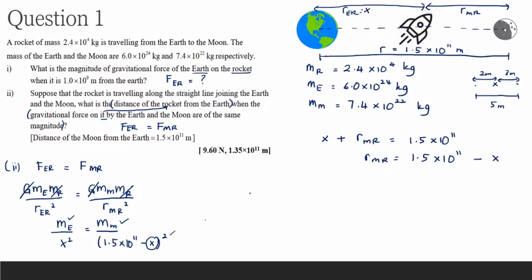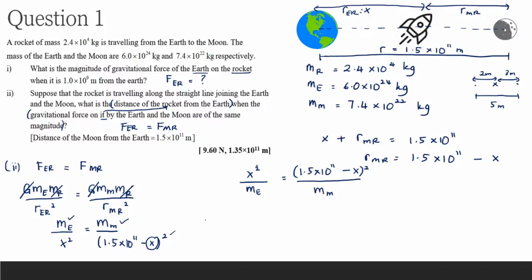So, let's try this calculation to determine X. What I'm doing here is I'm going to try to invert the fraction because I want X to be on top. Nanti kita senang nak calculate. Okay. Dan dekat sini apa yang tinggal kat atas 1.5 exponent 11 minus X divided by square root.